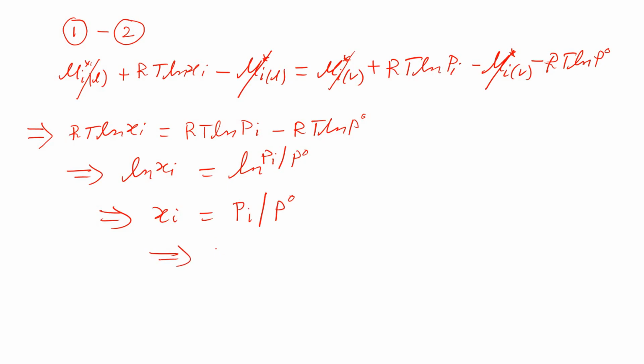So from here I can write Pi is equal to Xi into P naught. This is Raoult's law: the partial vapor pressure of any component is equal to the mole fraction of that component in the solution multiplied by the vapor pressure of the component in the pure state.